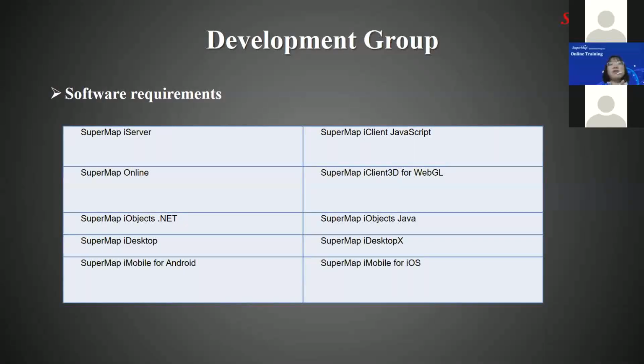And if you want to build a CS client-side application, you could use SuperMap iObjects .NET and SuperMap iObjects Java. And you also can create mobile applications using our SuperMap iMobile for Android and for iOS. And of course, data processing will be involved during the development work. You could use SuperMap iDesktop and iDesktop X to process your data.